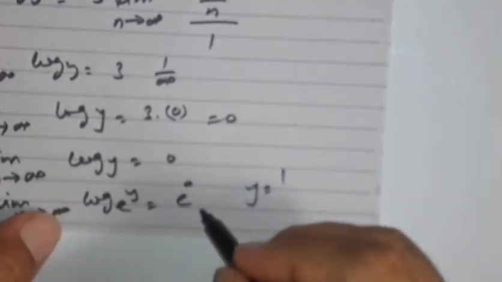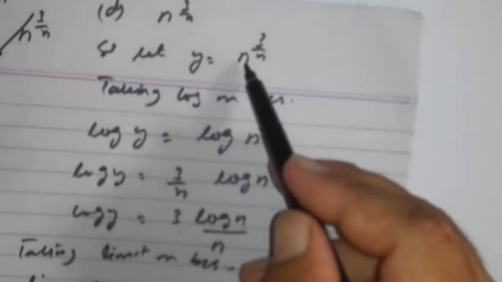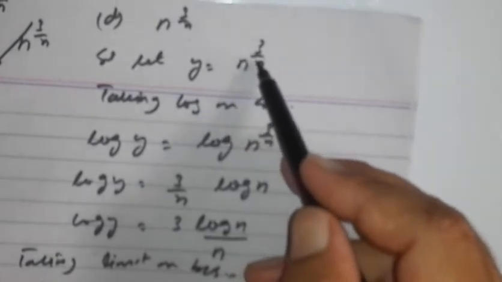So limit n tends to infinity of y is equal to 1. We supposed y to be n whole power 3 by n, so we can write limit n tends to infinity of n to the power 3 by n equals 1. This is the answer.